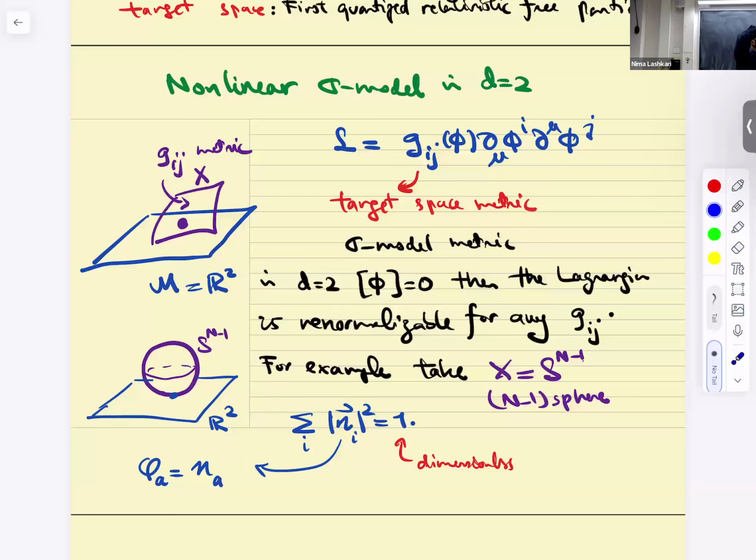Notice that when I expand this, it means that I was sitting at, say, phi equals 0, a point internally, and I'm just expanding in the vicinity, in the tangent space of the field manifold. But from the point of view of the target space, it's just a metric, nearly flat, or we're going to consider it in the vicinity of the flat metric, because we're going to do perturbation theory.